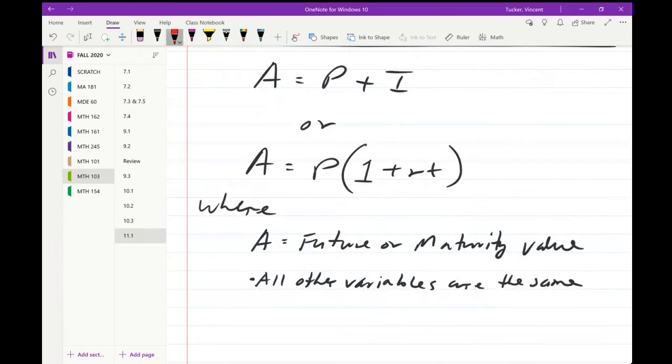I'm going to write it down. So the total amount.